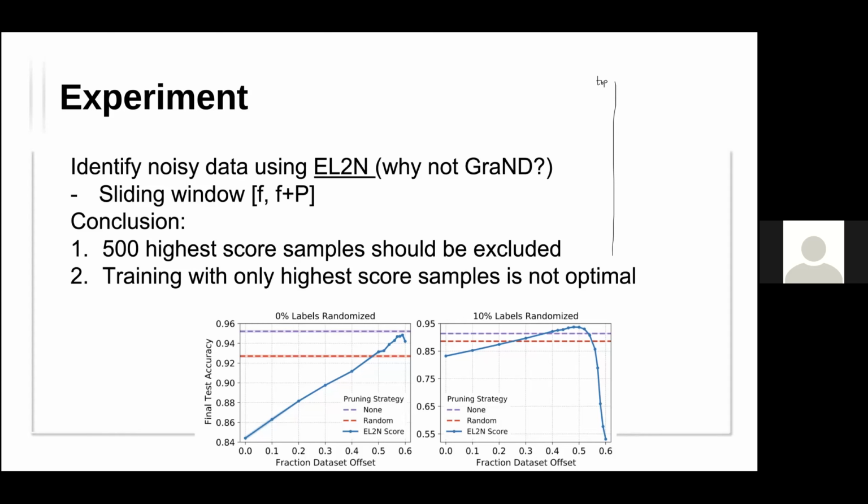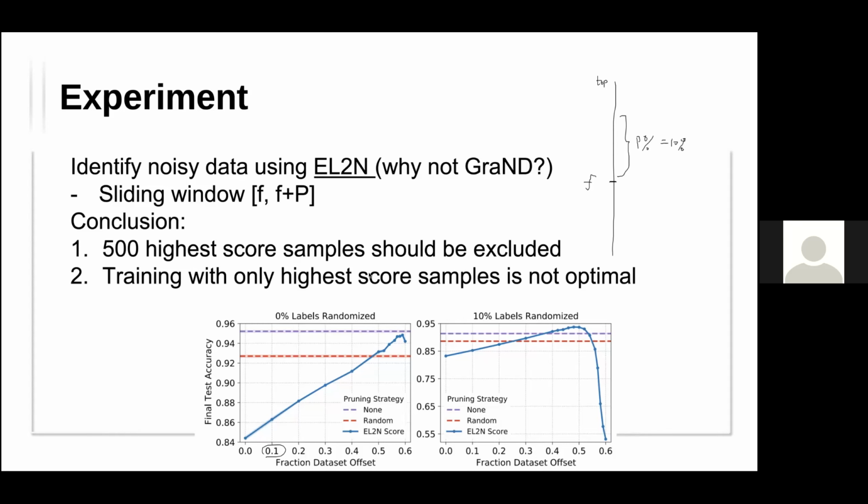You have a base, the window F should be here, and then you add P% of data. So each time we only keep those P% of data. And if it's 0.1, then P equals 10%. And so what is the base of F?